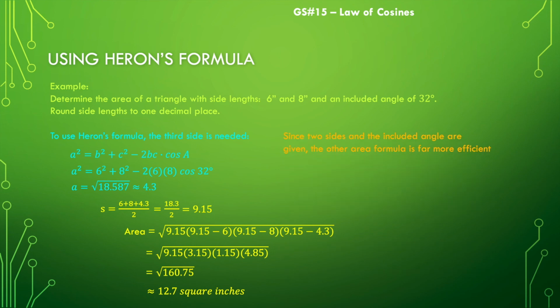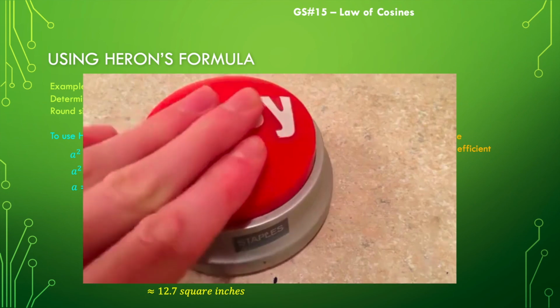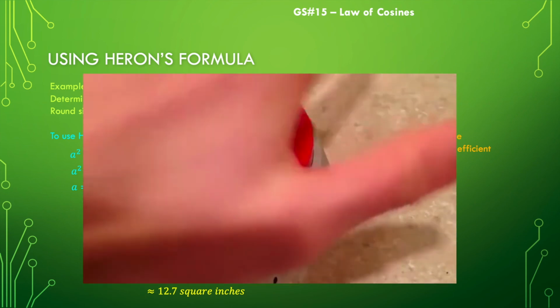If we remember that, we can use that area formula instead, and it is way more efficient in this scenario. If I sub in b, c, and sine of A, I end up with half times 6 times 8 times the sine of 32 degrees, which gives me 12.7 square inches. Much more quick, efficient, and easy. See you next time.